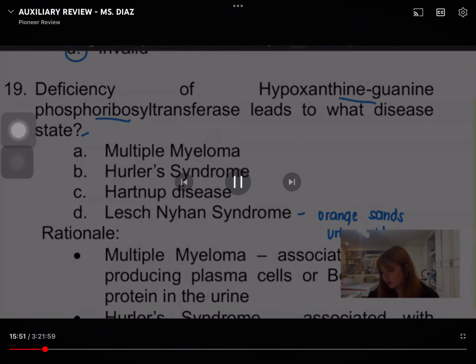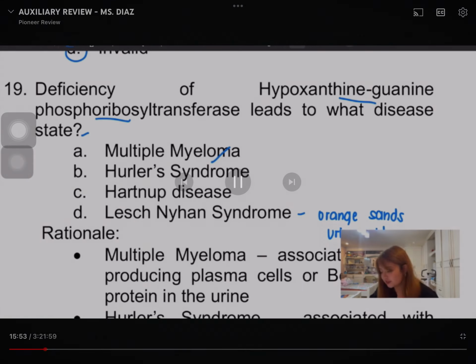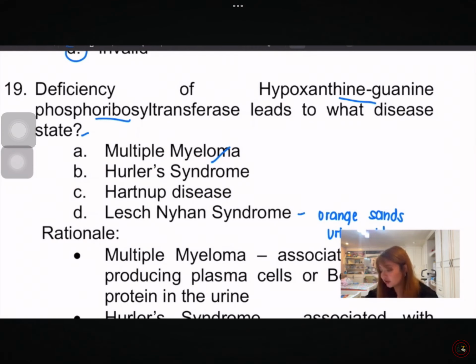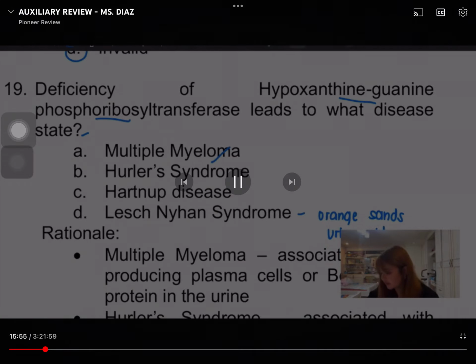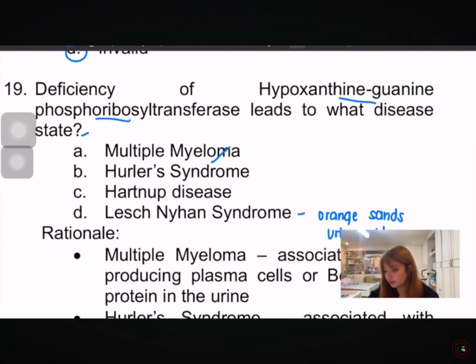So kapag multiple myeloma, usually yung associated natin dito is yung plasma cells or yung Bence-Jones protein.